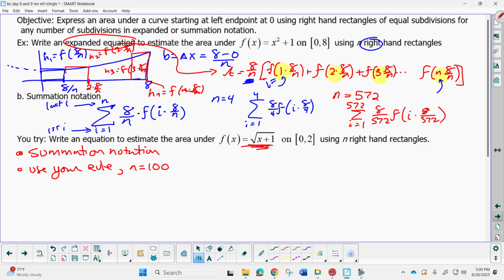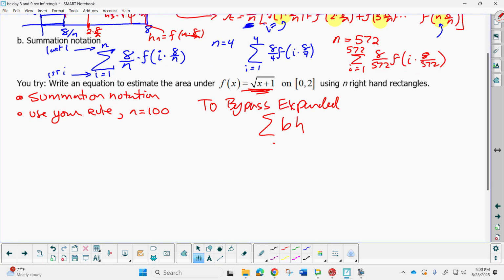Okay, now here we go. You might write this down. To bypass expanded notation, the idea is we're adding a bunch of rectangles. The base is delta x, and the height is f at different x values. And delta x comes from the region width divided by n chunks.